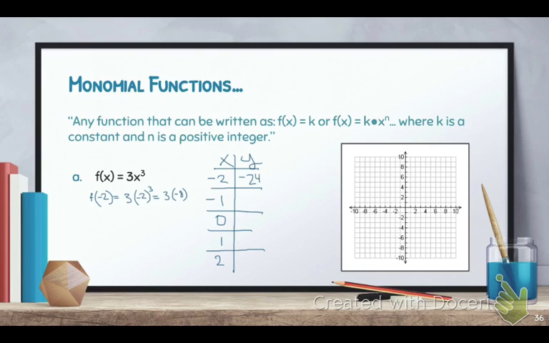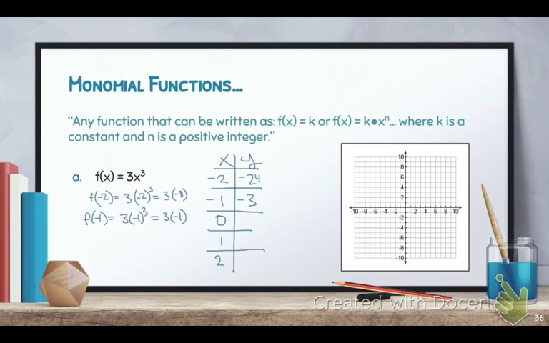Then we do the same thing for -1. So f of -1 is going to be equal to 3 times -1 cubed, which is equal to 3 times -1, right, which is just -3.